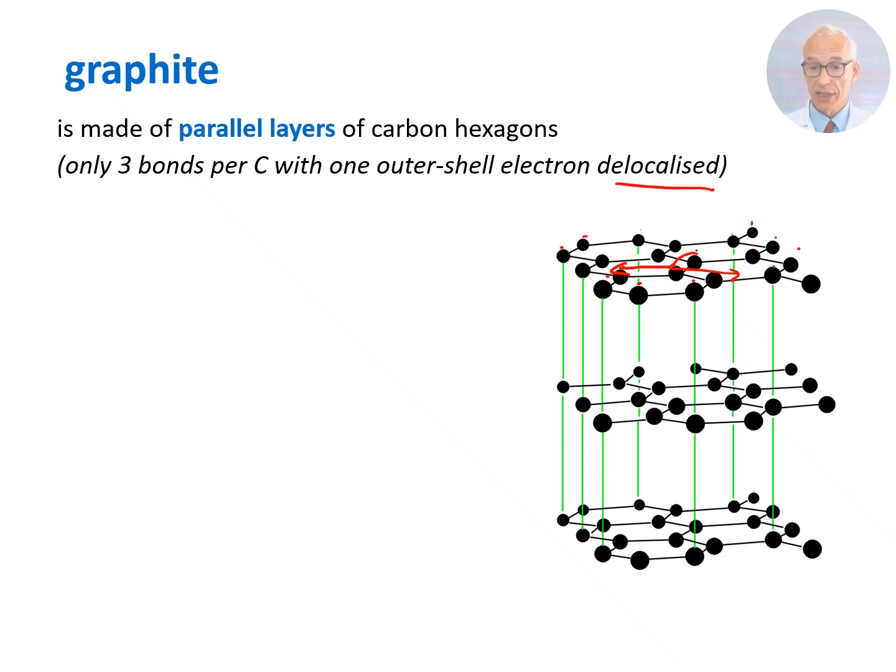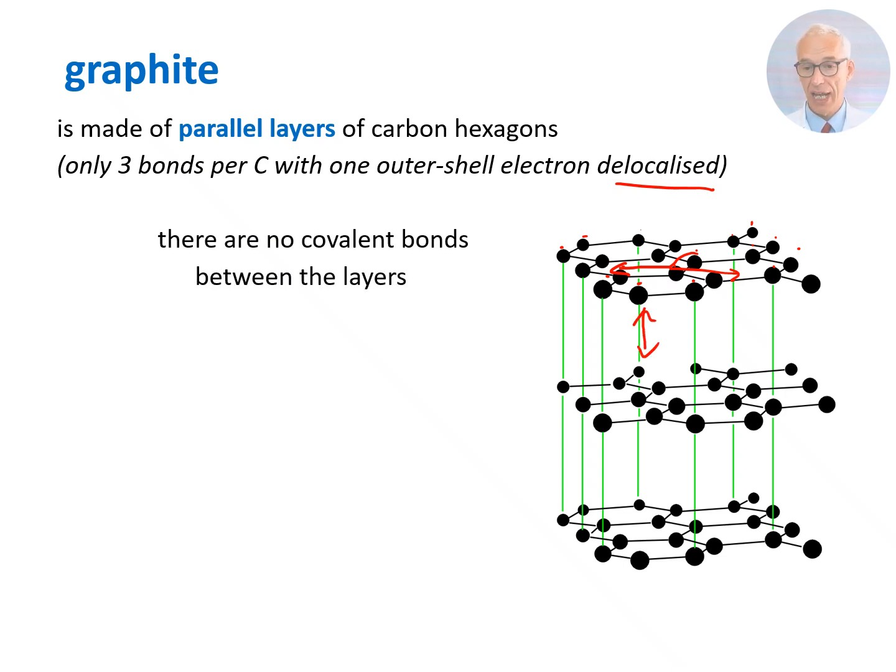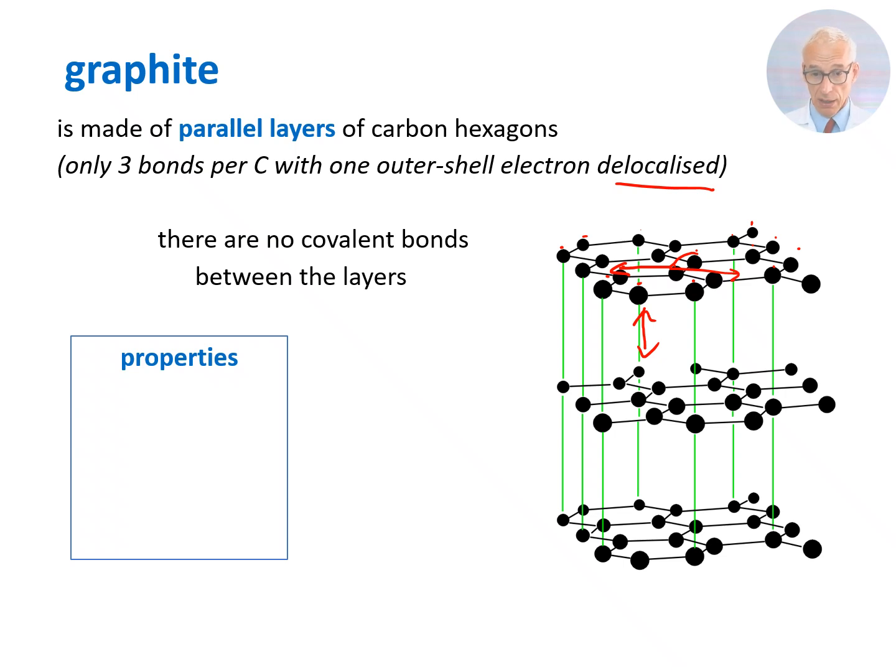You'll also notice the distance between the layers is quite large, so there are no covalent bonds between the layers, just weak intermolecular forces. So the properties of graphite are not typical of giant covalent structures. There is a high melting point, which is typical, but other properties, such as being soft and slippery, are certainly not.